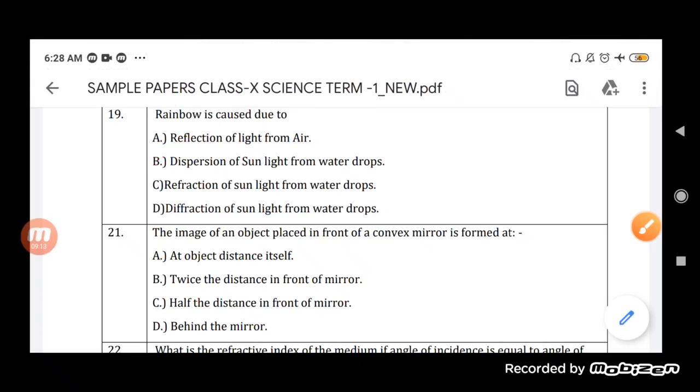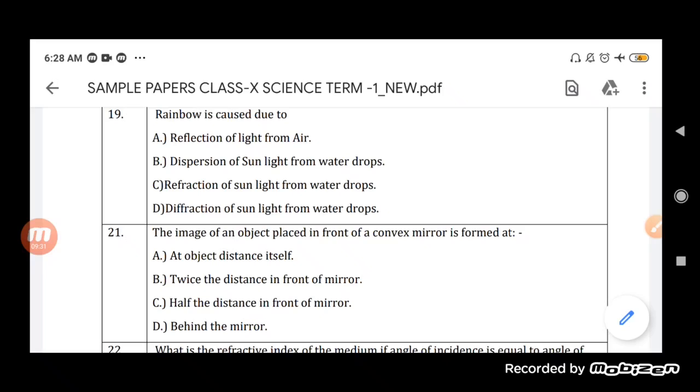Then the next one is: the image of an object placed in front of a convex mirror is formed at the object distance itself, twice the distance in front of the mirror, half the distance in front of the mirror, or behind the mirror.